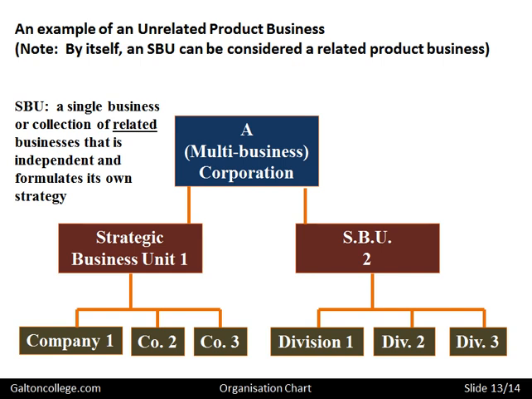Now an SBU, a strategic business unit, is a single business or a collection of related businesses that is independent and formulates its own strategy. So it's independent, it's not related to strategic business unit 2, it's got its own identity, and it formulates its own strategy, which it filters down to the different companies, and the companies themselves will formulate strategies and feed it upwards.